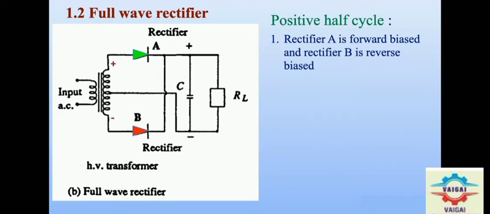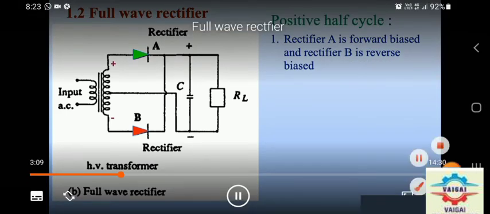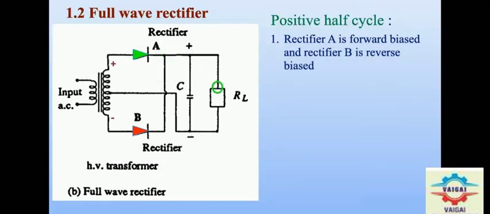Let us see the current direction. The current will flow via A to the capacitor C and to the transformer, shown by the green symbol.